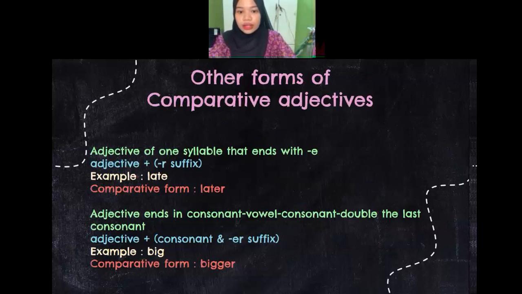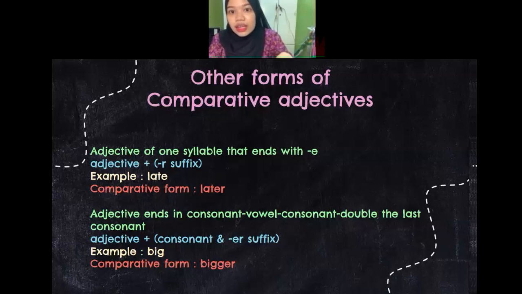The next one. Okay, so we also have other forms of comparative adjective, where the adjective of one syllable that ends with e, we are going to add the r suffix at the end of the adjective word. For example, late. When we transform it to comparative form, it becomes later.